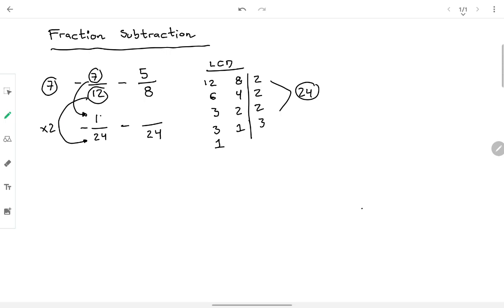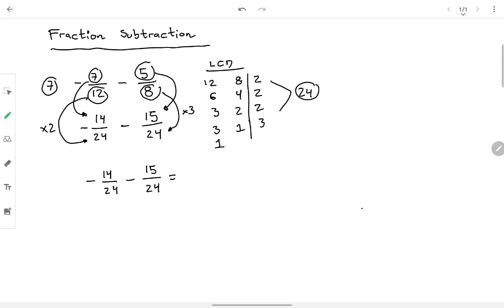We will get 14. 8 is multiplied 3 times to get 24, so 5 also gets multiplied by 3. We will get 15. So we will copy this exercise: minus 14 over 24 minus 15 over 24.